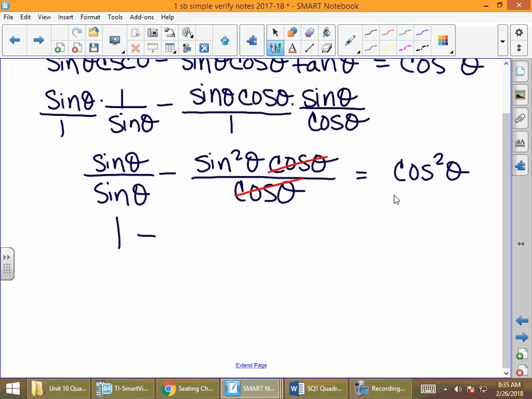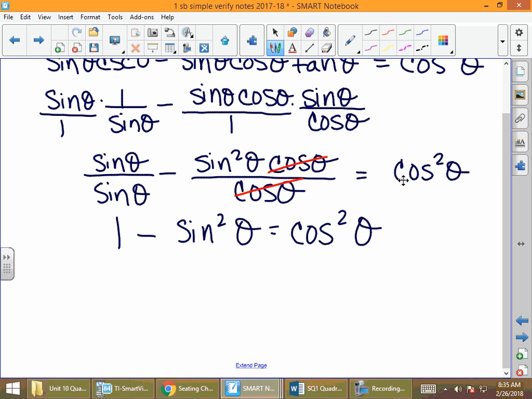So this is going to be 1 minus sine squared theta. And again, we're trying to turn this into cosine squared of theta. Well, whenever I see squared, I want to look and see, is it a Pythagorean identity?